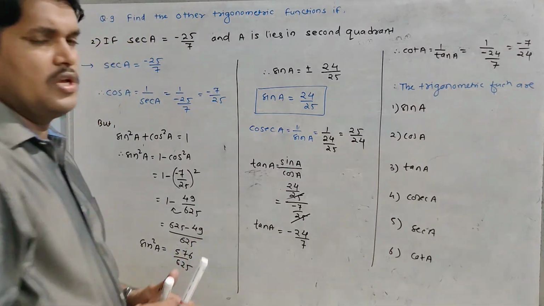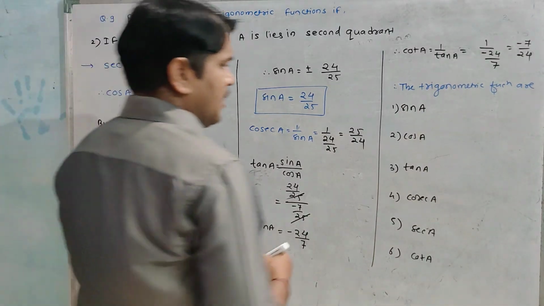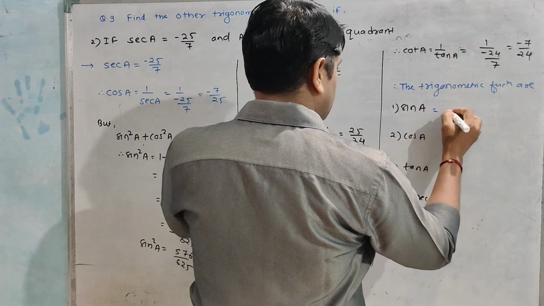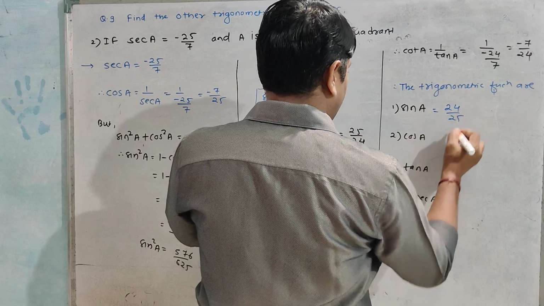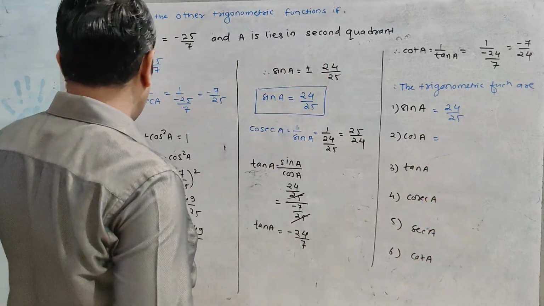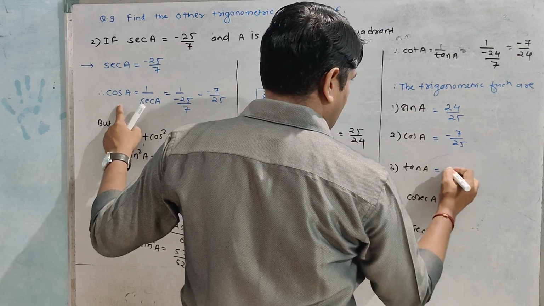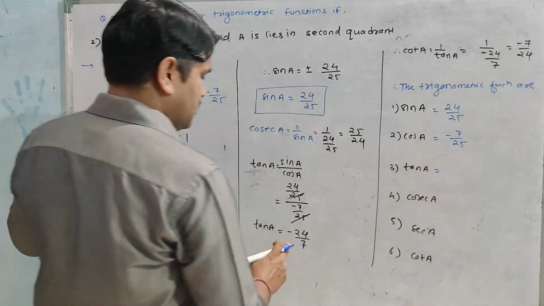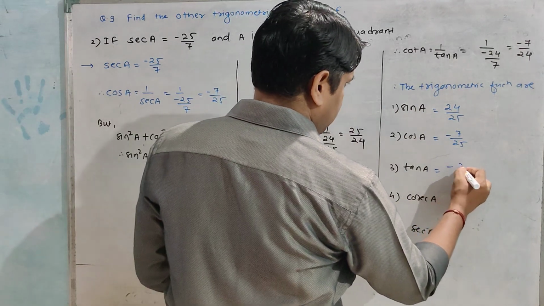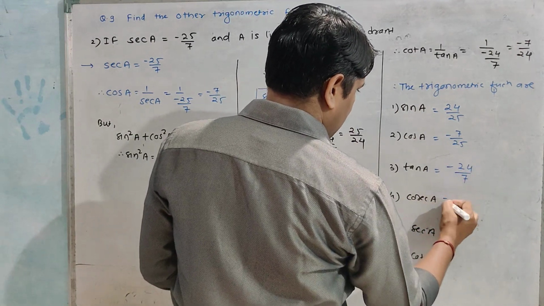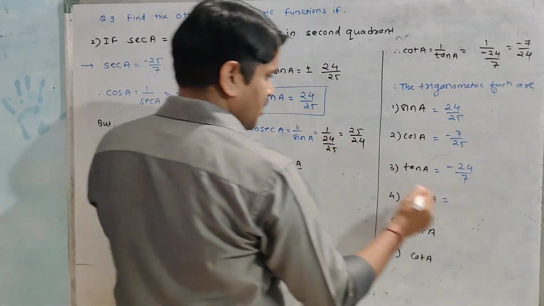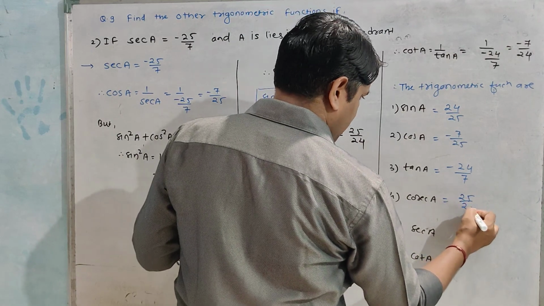If the sequence is any other, there is no problem, just as it is. Sin A is how much? It is 24 upon 25. Cos A means what? It is minus 7 upon 25. Tan A means how much? It is minus 24 upon 7. Cosec A means 25 upon 24.